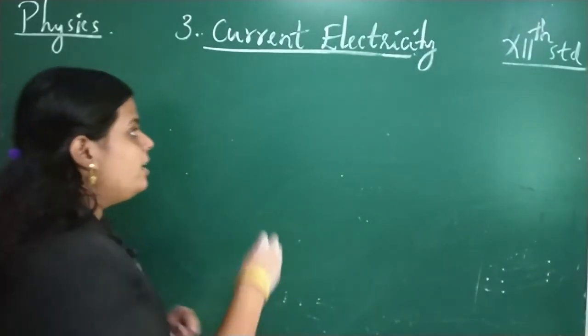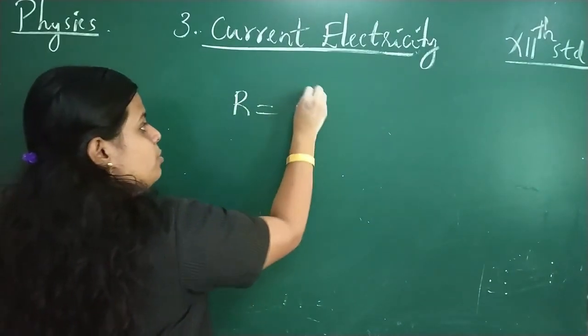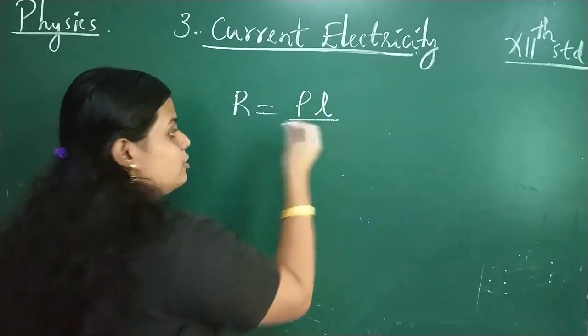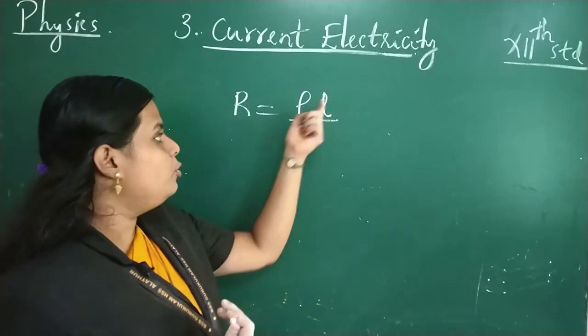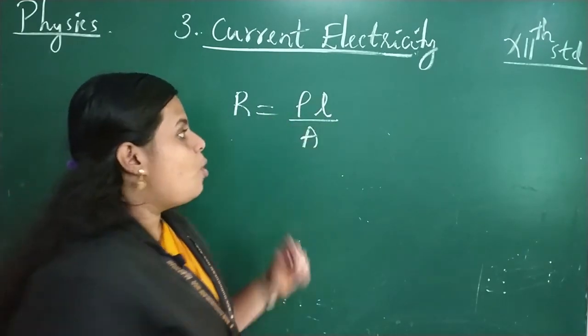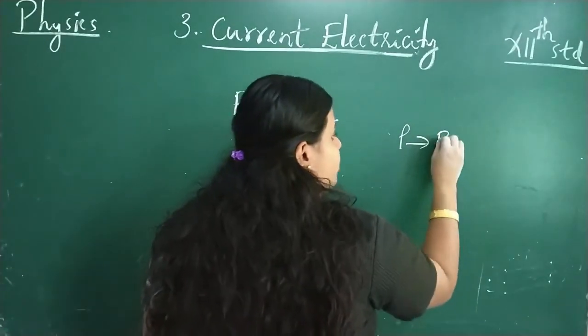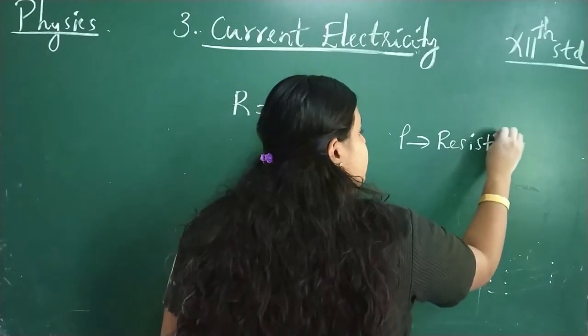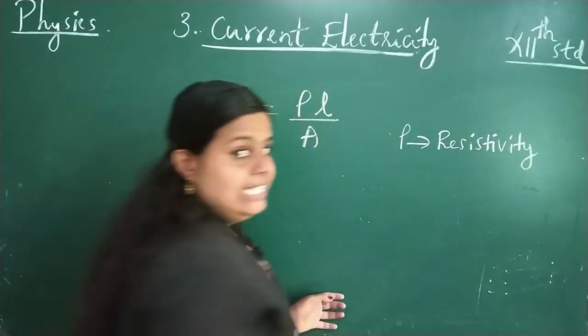So listen children, we have the relation R is equal to rho L by A. Actually R is directly proportional to L by A, and here the proportionality constant rho is known as the resistivity of the material.